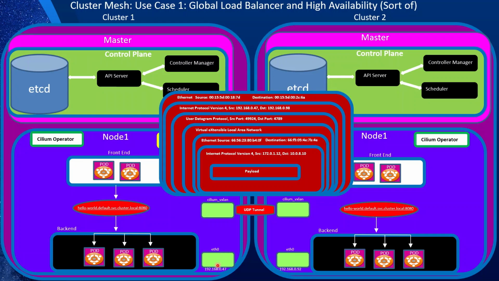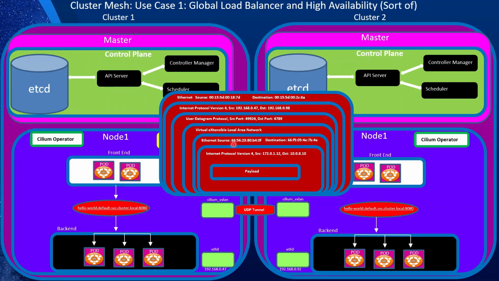So there will be the IP address of this, the source, and this is the destination IP address of here. And then within that, User Datagram Protocol, or UDP. So this is our UDP tunnel, the port number, and so on. And then within that, because it's using VXLAN, VXLAN has its own header. So that's also been added.